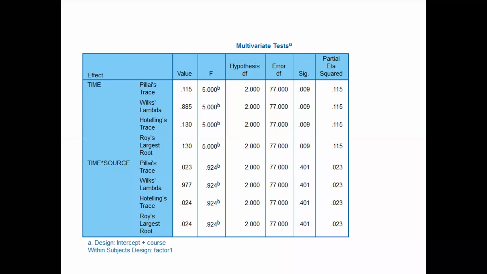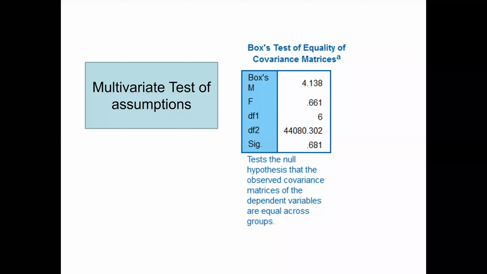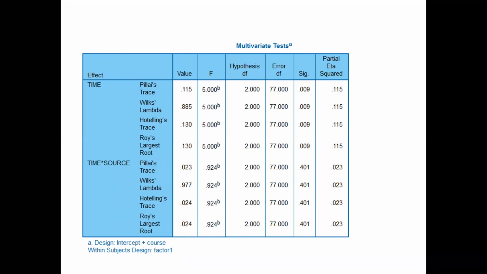So now we're going to go on to the overall multivariate test. The further assumptions will be just for within groups. This test looks at both within and between groups simultaneously.